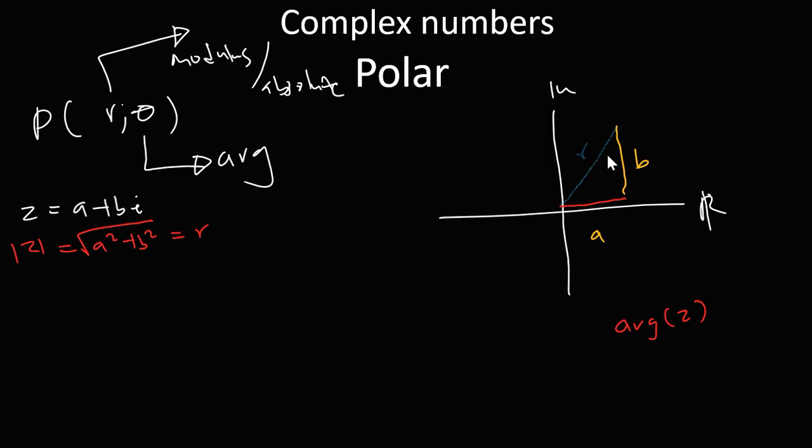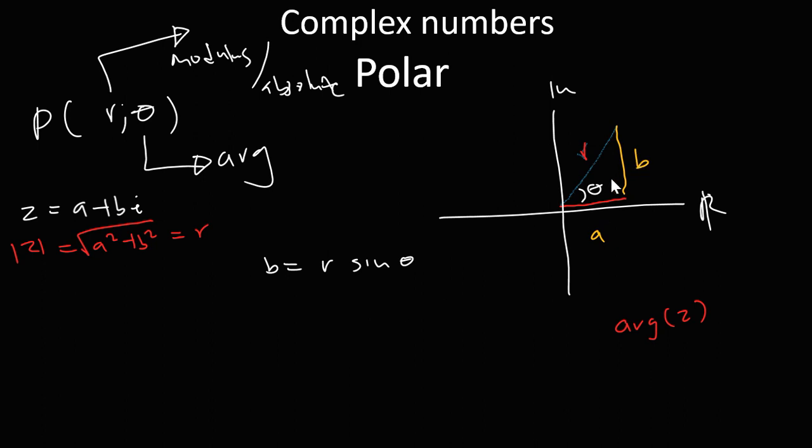Since now we know a, we can find b, and we know r, the radius. Yes, the radius is still the correct term, or the absolute value of this complex number. We can now find b. b can be expressed as r times sine theta, since the argument theta is here and b is opposite.